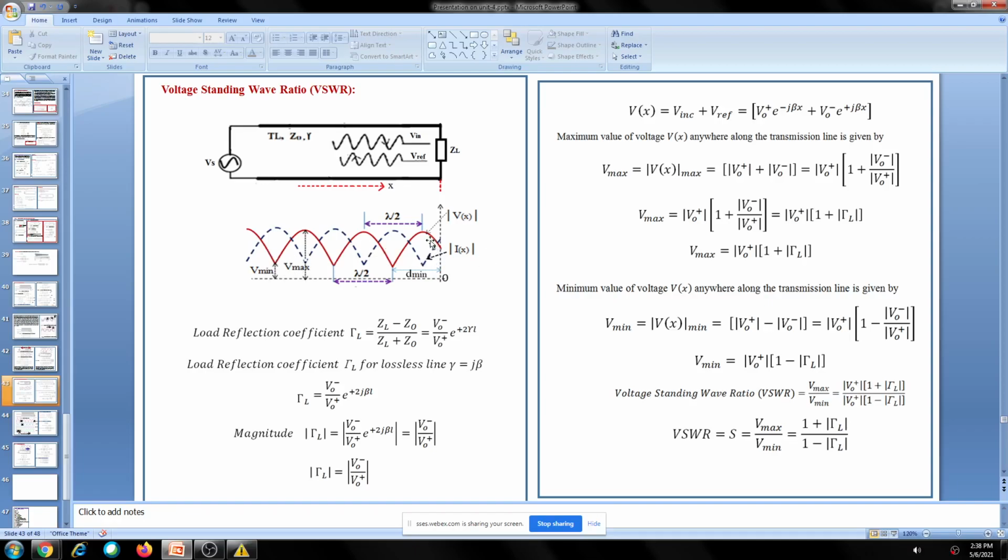See here, this is a standing wave pattern for a particular load, and it has a minimum value and a maximum value. Take a ratio of V maxima and V minima. That is equal to this. If you know the magnitude of tau, you can calculate S, or if you know V maxima and V minima, you can get the value of S. This is called the voltage standing wave ratio.